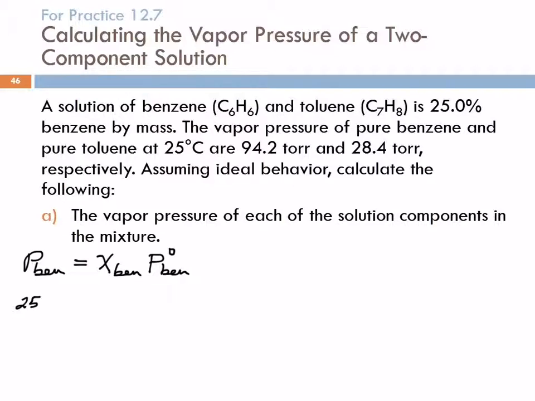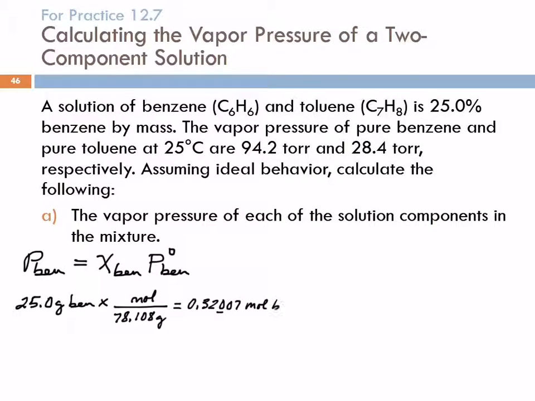With masses, I can calculate numbers of moles. So we've got 25 grams of benzene, and then we want to find the number of moles of benzene. I did some of these calculations ahead last night, because this one's a bit of a booger. So we can calculate the molar mass of benzene. I got 78.108. And that gives us a number of moles of 0.32007.